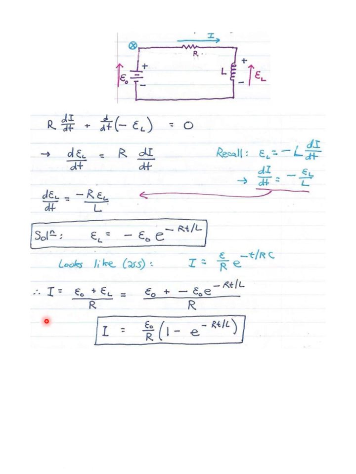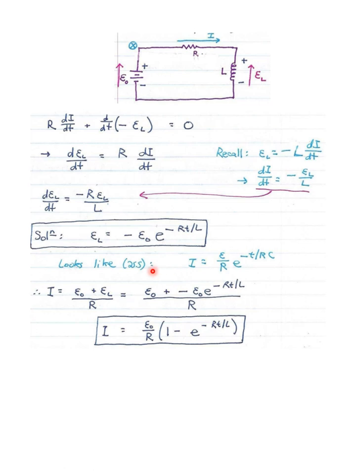Now, the current is equal to the sums of the voltages. So we can say the voltage of the battery plus the voltage of the EMF, and keep in mind they're going to be competing against each other, but for now I'll just write it as a plus sign, divided by the resistance. And here we see that competition, it comes from the negative sign, that subtraction that's actually going to take place.